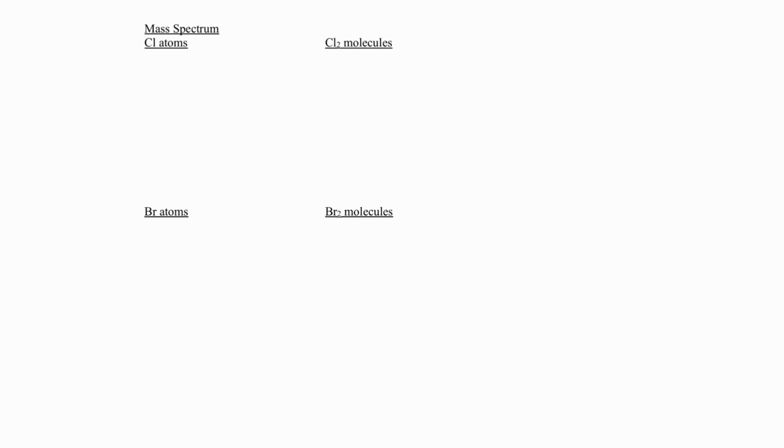If we have chlorine atoms in the mass spectrometer, the mass spectrum that we obtain has two peaks. We will get a peak at 35 and 37, where the ratio will be 3 to 1.